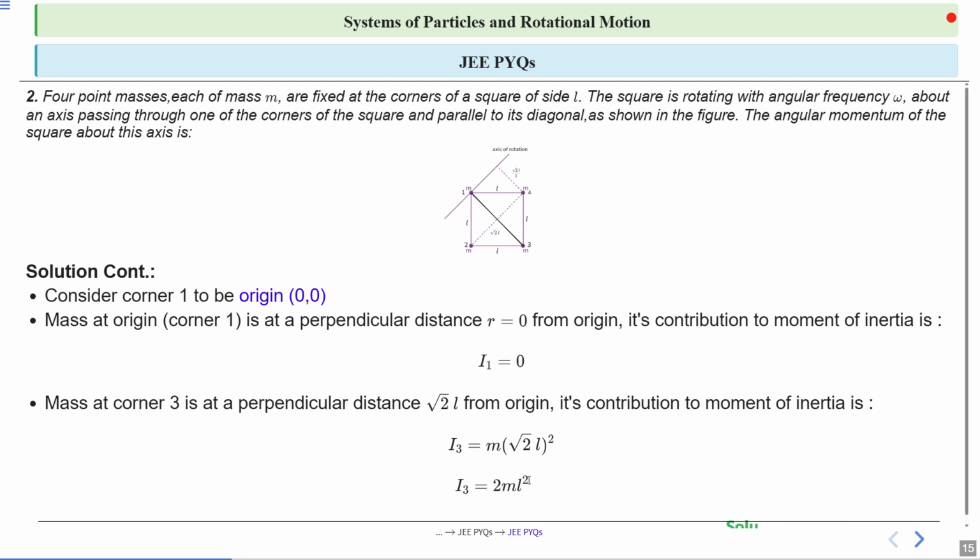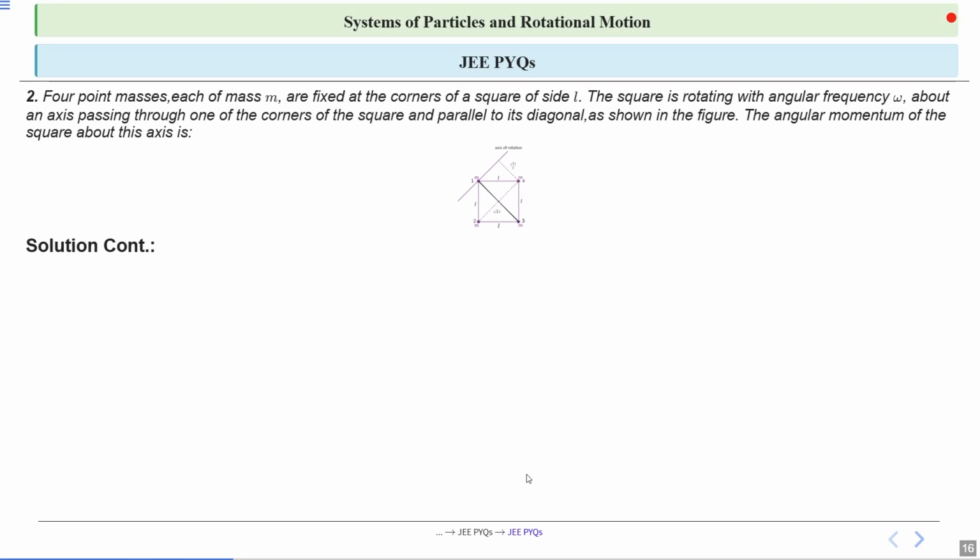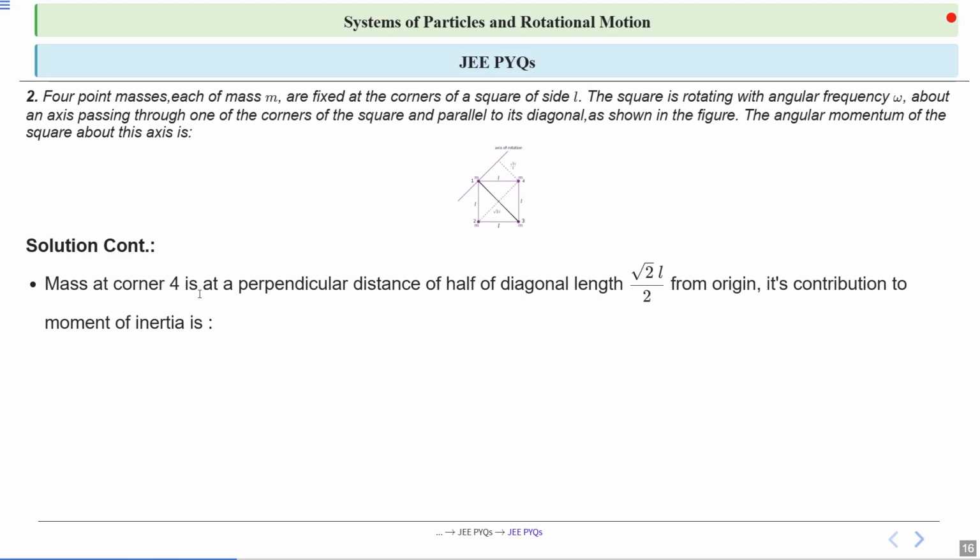Now the mass at corner 4 is at a perpendicular distance of half of its diagonal length, root 2 L divided by 2, from the axis of rotation, and its contribution is I4 equal to m into root 2 L divided by 2 whole square.